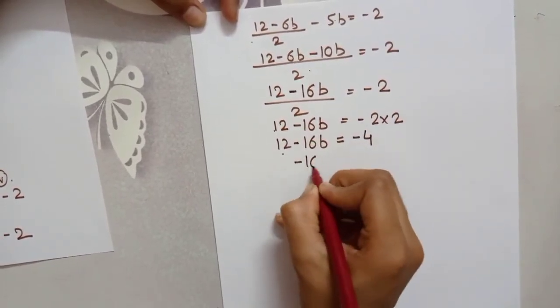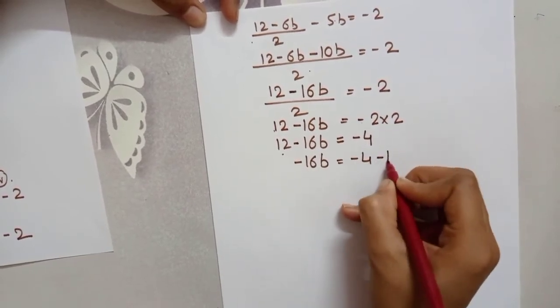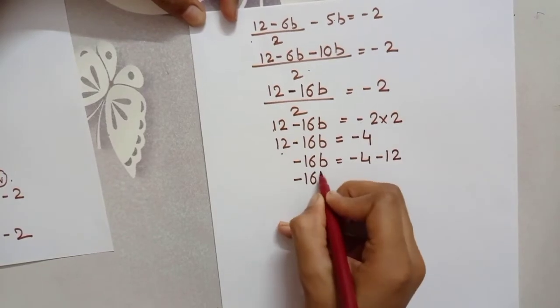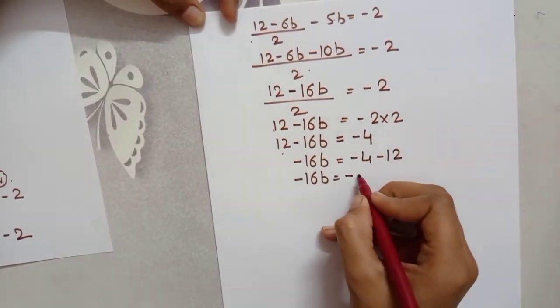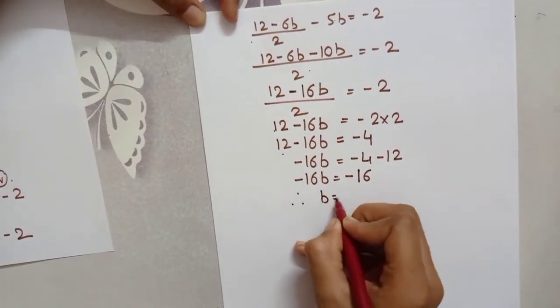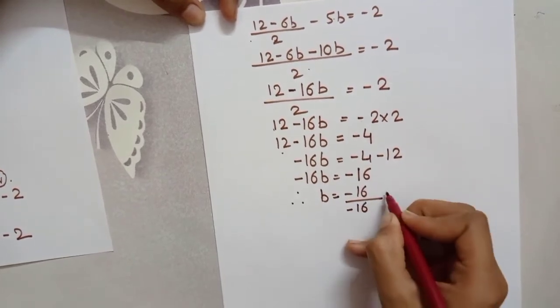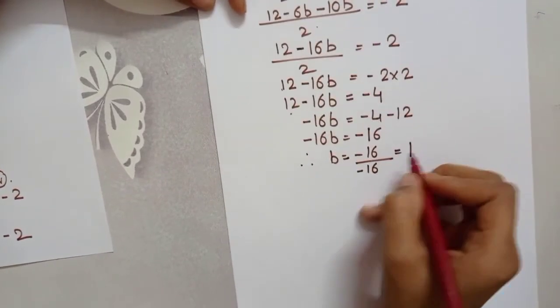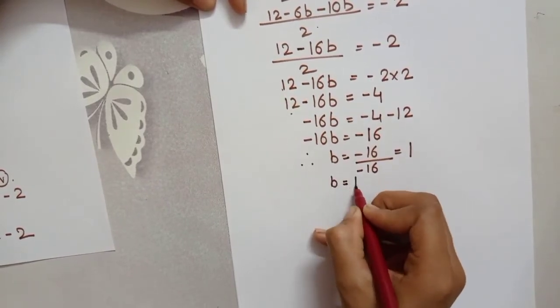That is minus 16b is equal to minus 4 minus 12, which is minus 16. Therefore, b is equal to minus 16 by minus 16, which is 1. We have got the value of b, that is b is equal to 1.